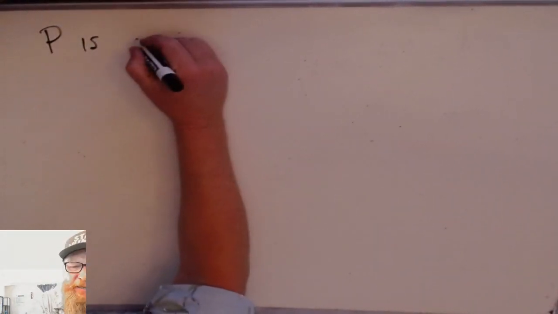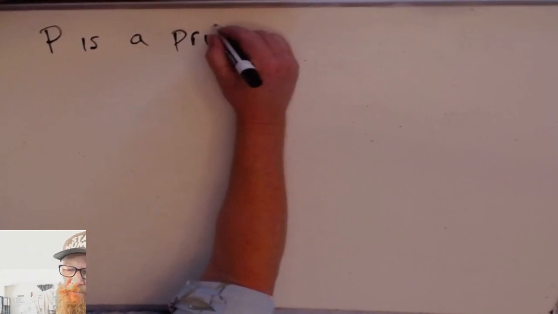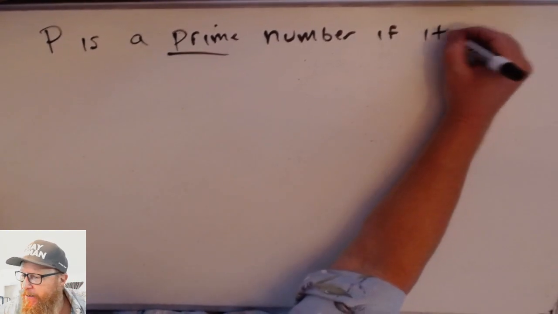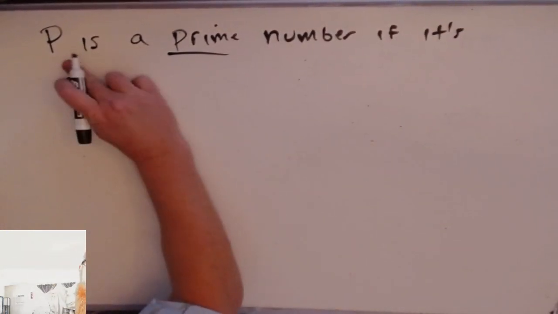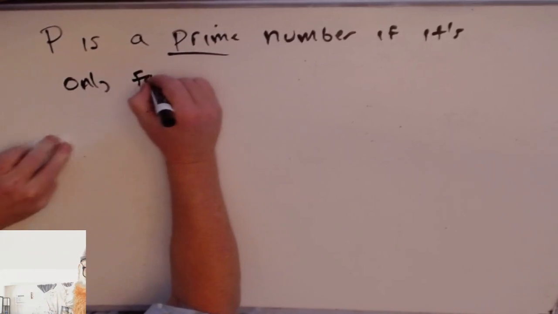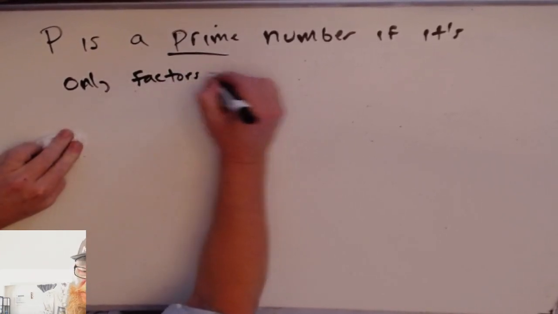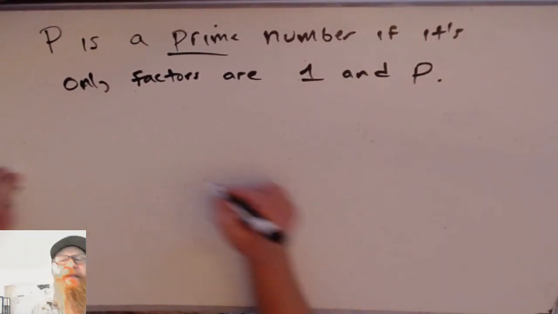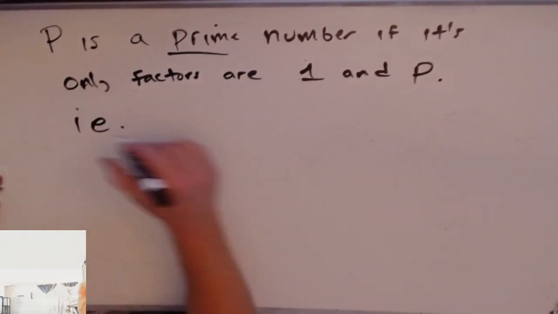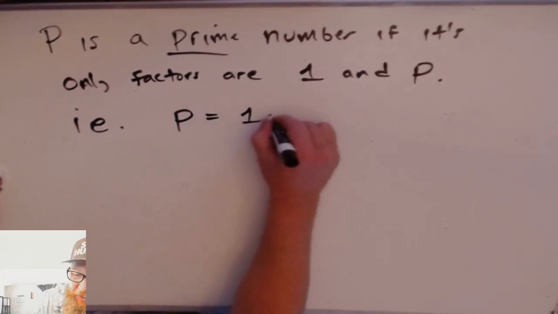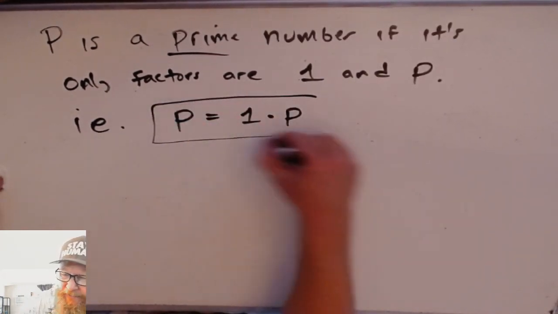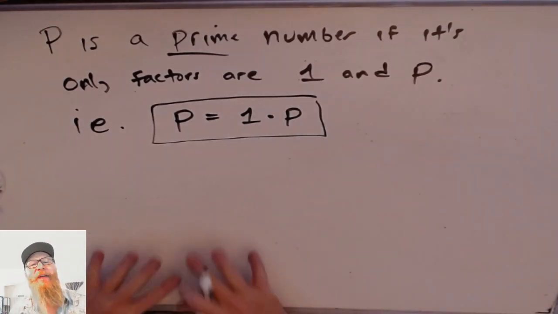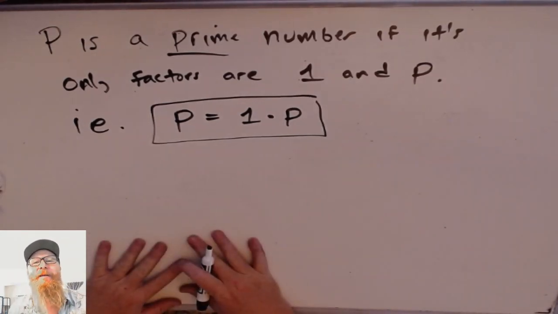P is a prime number if its only factors are 1 and P. In other words, P is equal to 1 times P. And that's it. There's no other way to factor it other than 1 and P.